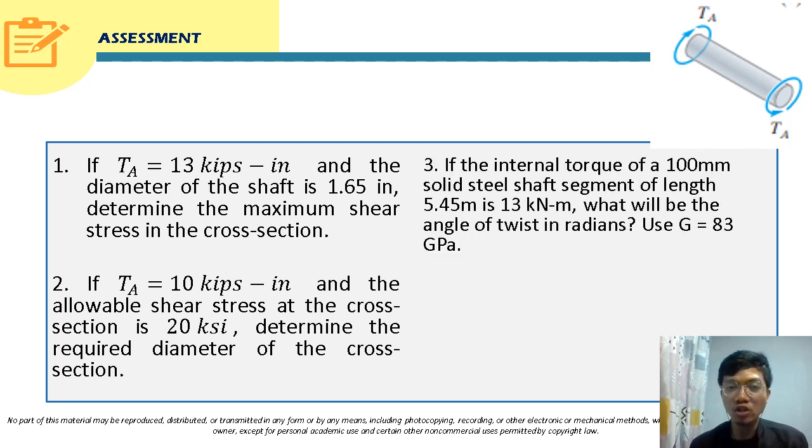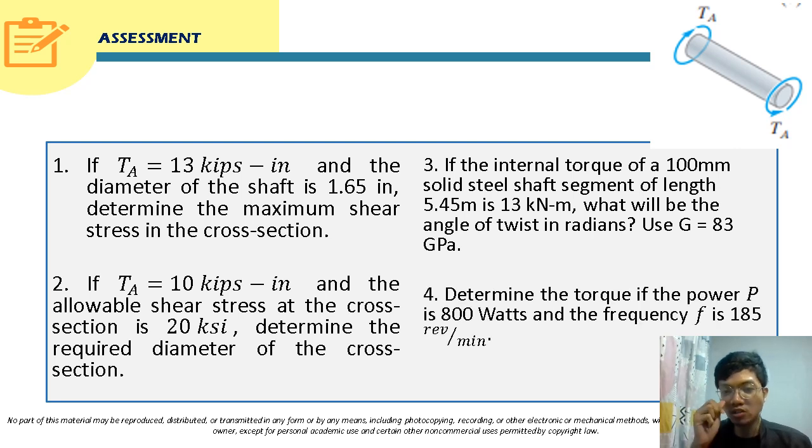For the third question, if the internal torque of a 100 millimeter solid steel shaft segment of length 5.45 meter is 13 kilonewton meter, what will be the angle of twist in radians? Use modulus of rigidity equal to 83 gigapascal.